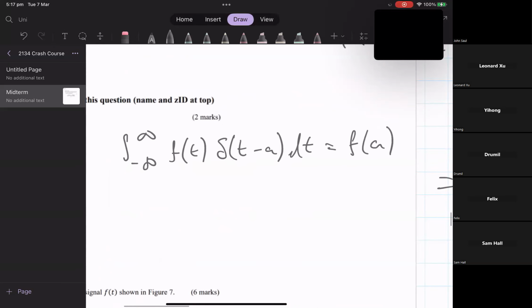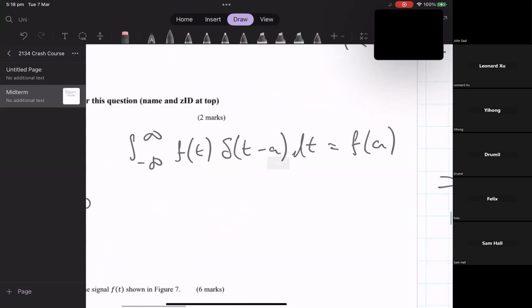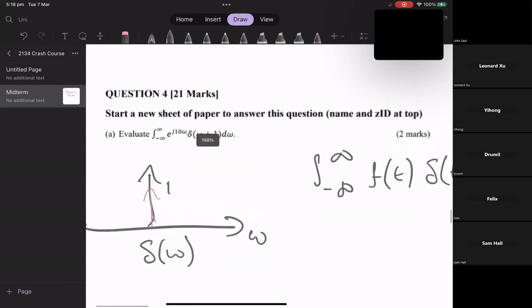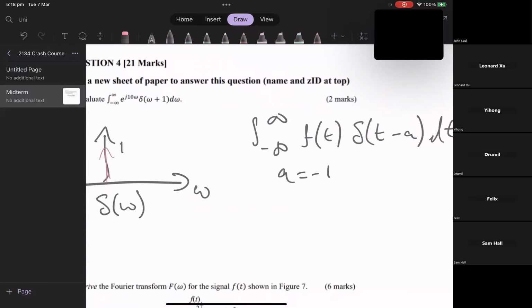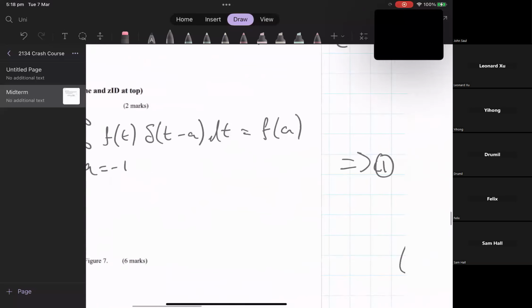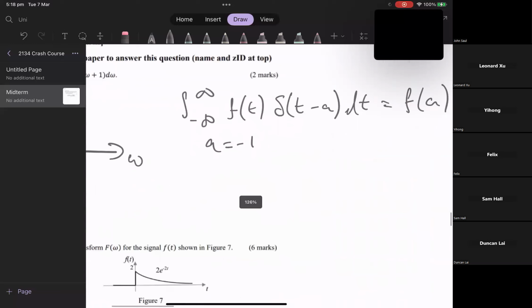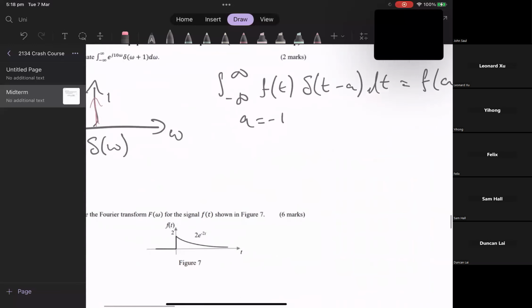This is just a formula you're going to have to remember, and it can be easily applied, as you can see here, where a equals -1, and our f of t is e to the j10 omega.